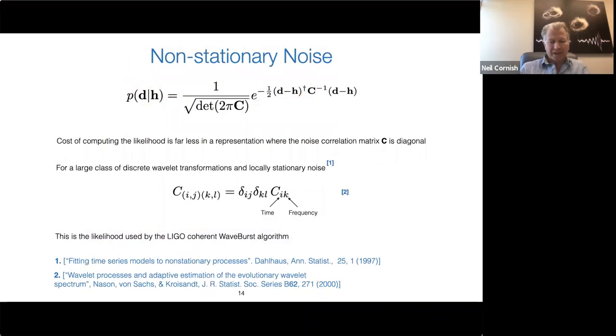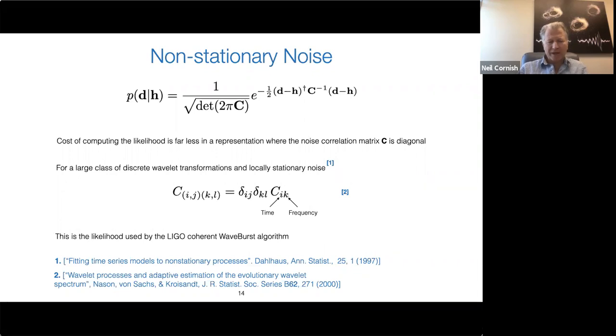Then we expect that the noise in the LISA detector is going to be non-stationary. We're talking about detectors running for years on end, and even if by some miracle the detector noise is stationary, the astrophysical foregrounds, the unresolved components like the galactic binaries, will definitely produce a non-stationary effective noise. So what to do about that? If the noise is non-stationary, the noise correlation matrix is no longer diagonal in the Fourier domain, which can then lead to quite costly matrix inversions.